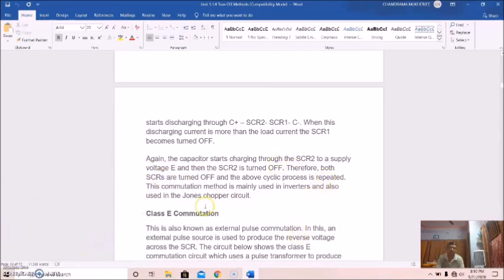Both SCRs are turned off, and the above cyclic process is repeated.